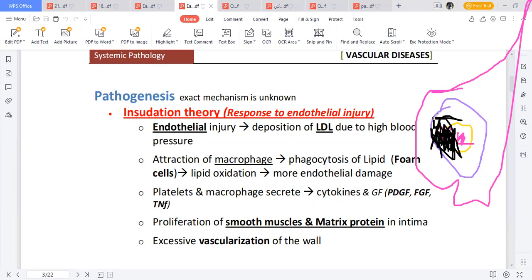And then after the proliferation and the scarring, it is no longer called the fat streak, but rather the atheromatous plaque or an atheroma. An atheroma is formed of the smooth muscle cells, the macrophages, the platelets, and the other things that were involved in the formation of the lipids and the atheromatous plaque.